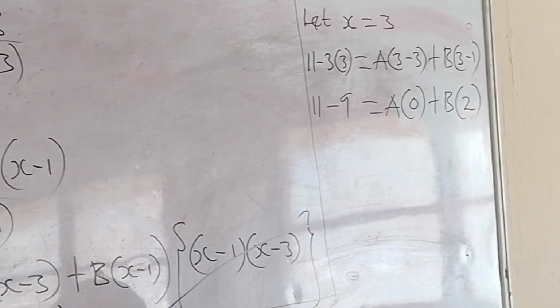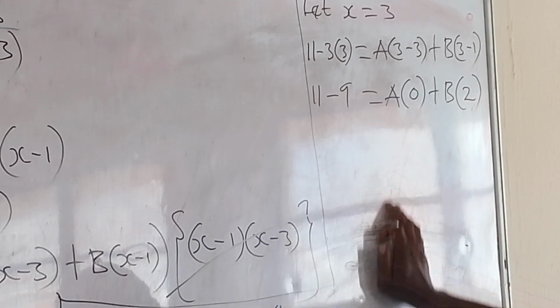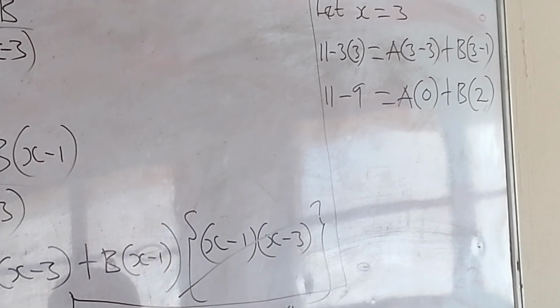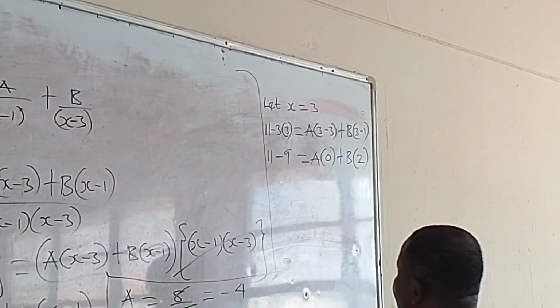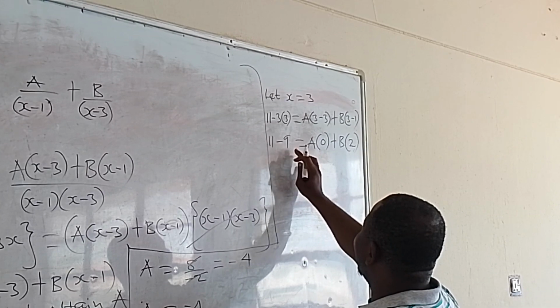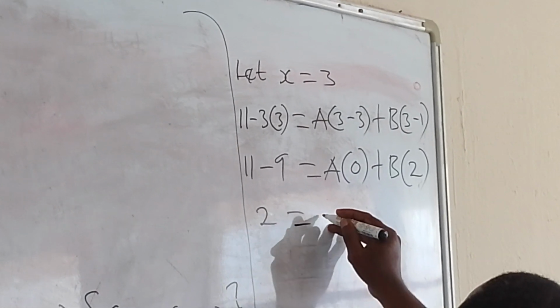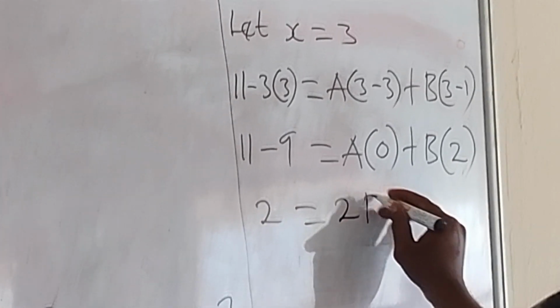It's true now. So you can see that A will now vanish if you use 0 to multiply it. True or false? It's true. So 11 minus 9 will give us 2. 2 equals to 0, B times 2 will give us 2B.